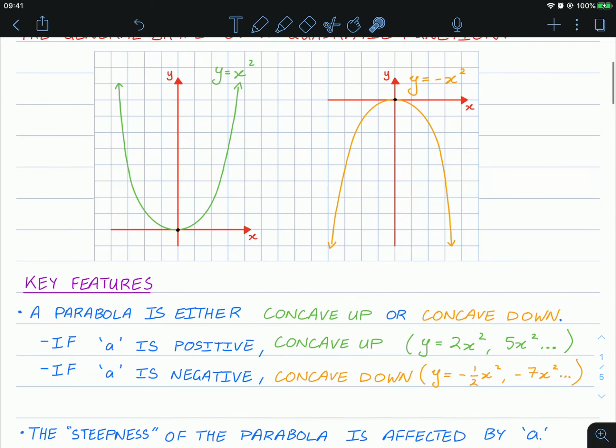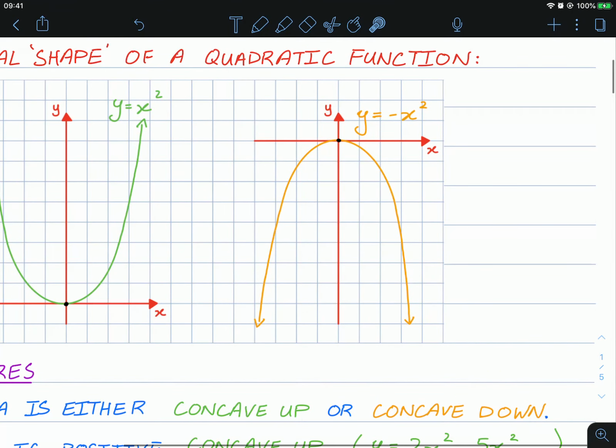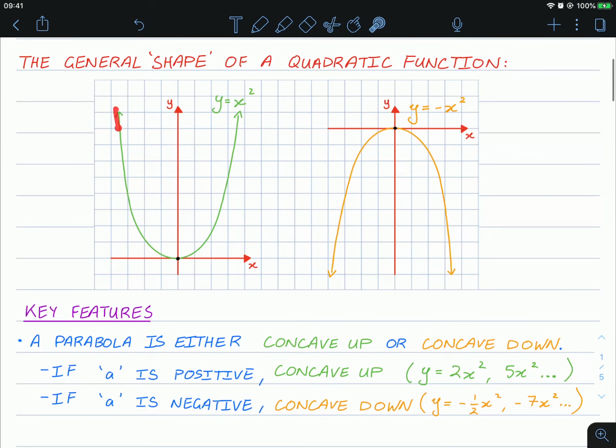So for example, if it's positive 2x squared, 5x squared, or in this case just positive x squared, it is concave up. And it's concave down if it's negative, so negative half x squared, negative 7x squared, or in this case just negative x squared. So concave up, concave down.